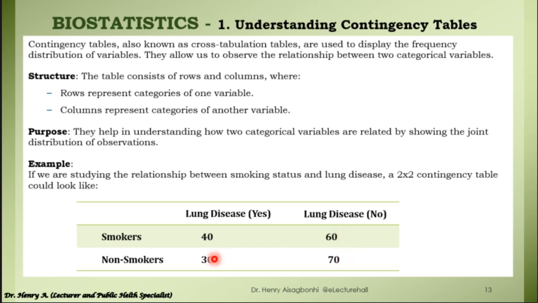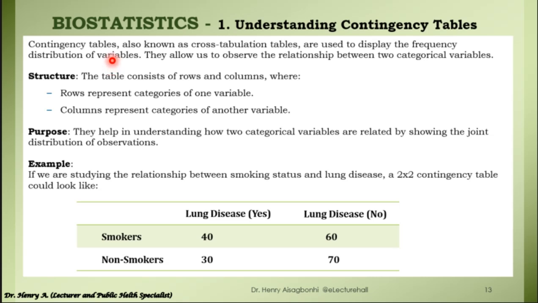This is the yes for lung diseases, this is the no. Among those who are smoking, 40 had lung diseases, 60 did not. Among those who are not smoking, 30 had lung disease and 70 had no lung diseases.